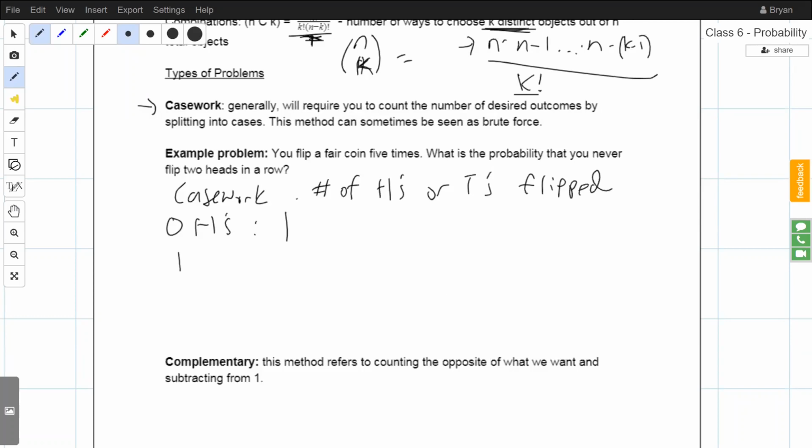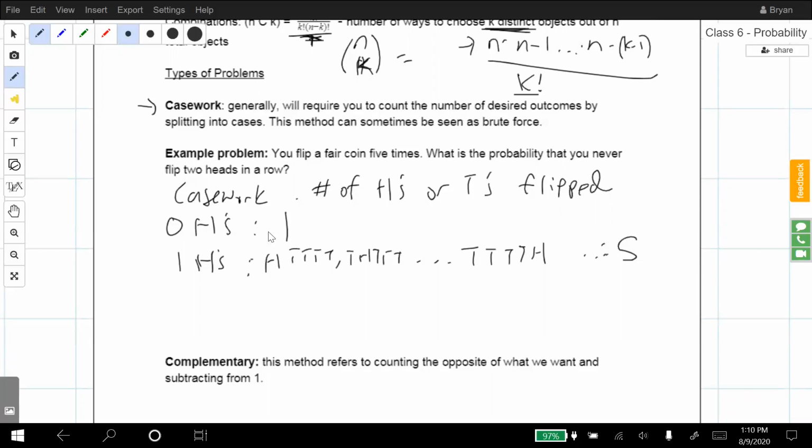You have 1 head, and this can happen 5 ways: if you flip the head first, second, third, fourth, or fifth. I'm not going to write them all down, but this is basically what it is. If you notice, this is actually just 5 choose 1.